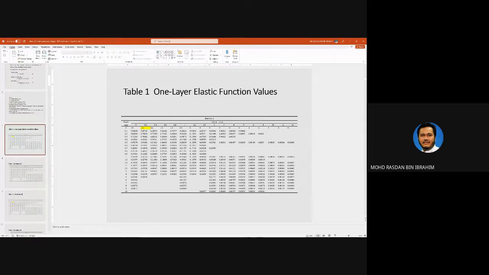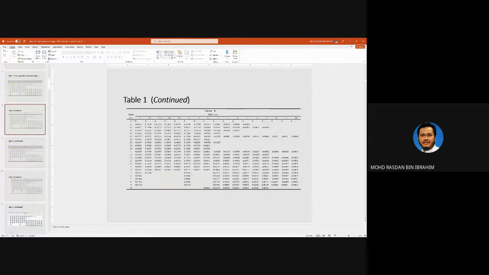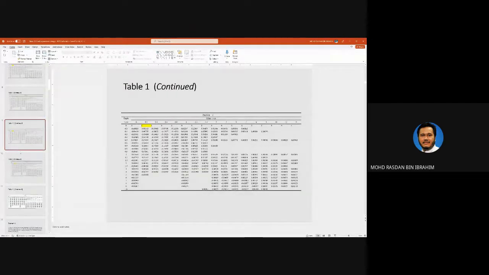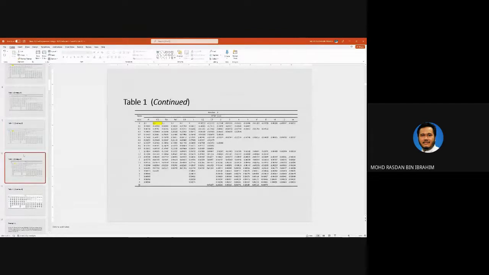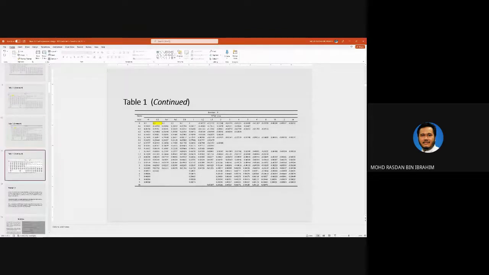So this one is used to find function A. You need the ratio between radial distance and A, and the ratio between the depth and the tire footprint radius, A. Using these values, you can estimate the value inside this table. So this is for function A. You have function B, function C, function E, this function F, and this one is function H.